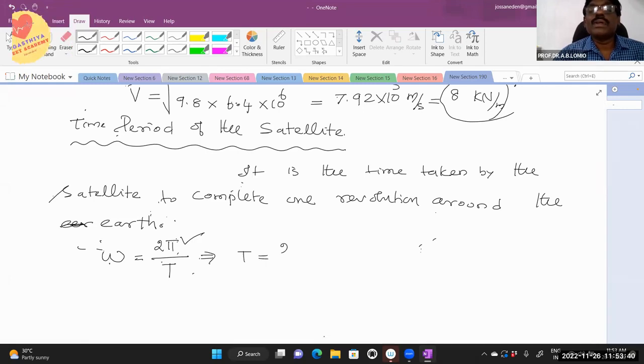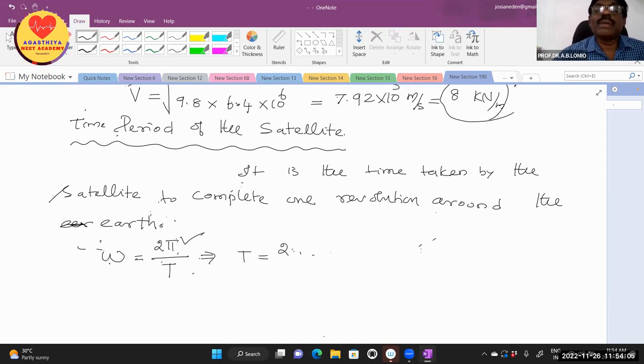T is equal to, suppose you forget this formula, because you have to memorize so many formulas, there is a chance of forgetting. In that condition, we have to derive the formula from the basic formula, to avoid confusion.